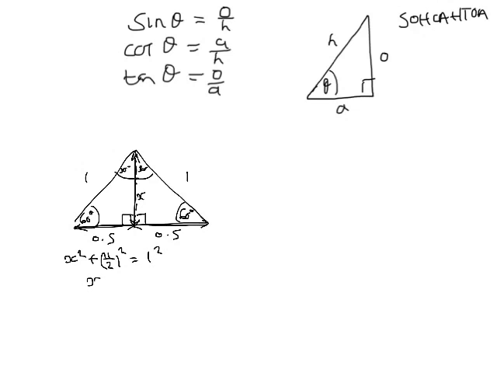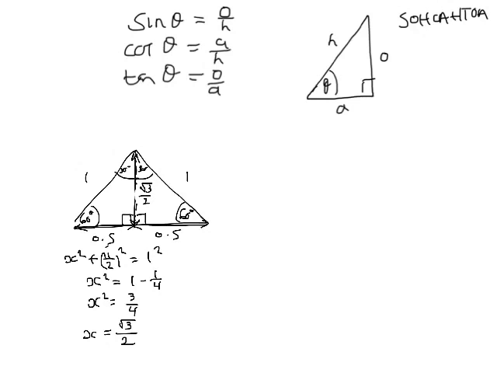So that means x squared is equal to 1 minus 1 over 4. So x squared is equal to 3 over 4. That means x is equal to root 3 over root 4, which is root 3 over 2. So we can write in place of x in our diagram, root 3 over 2.